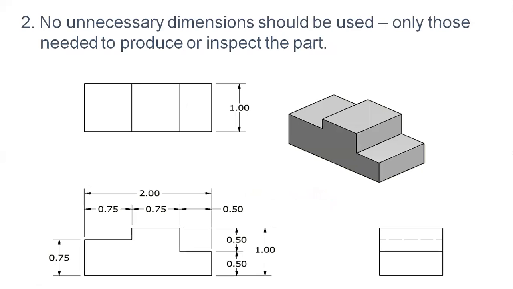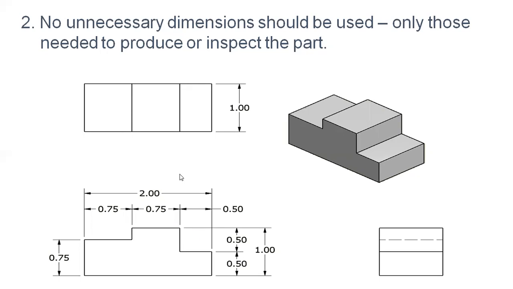Then the second rule: no unnecessary dimensions should be used, only those needed to produce the part. Unnecessary dimensions should not be shown.